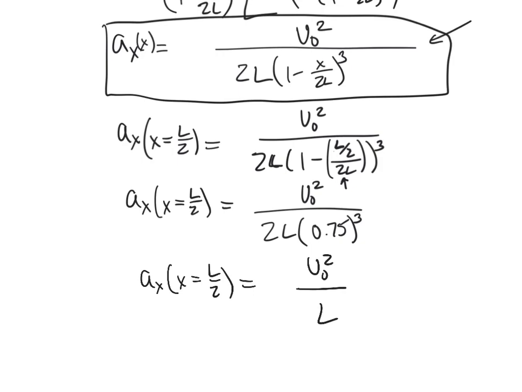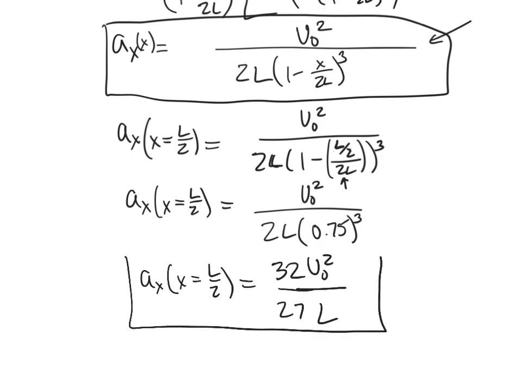If I do all the math and cube all the things, it becomes 32 over 27. That's pretty cool, with both L and u naught being constants. So that's the solution to that sort of problem.